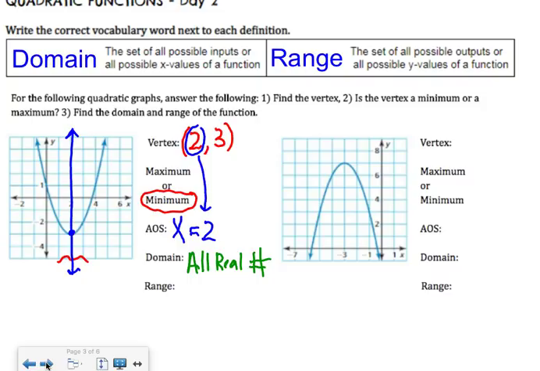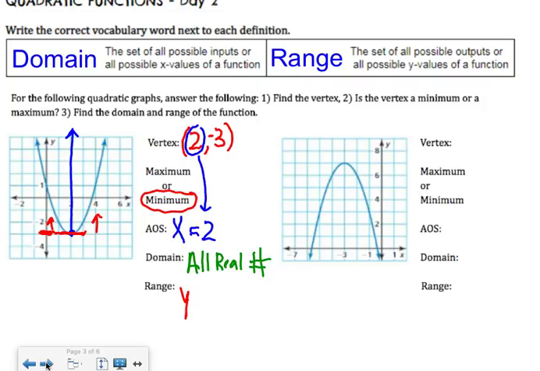And our range is a little more tricky, but it's going to be y. So now what can my y values be? I'm going to erase this for a quick second. Do you see how there's nothing happening beneath this point right here? My graph is all going upwards like this. So y has to be greater than, well, what's this value right here? -3. Oh, guys, it's -3, my bad.